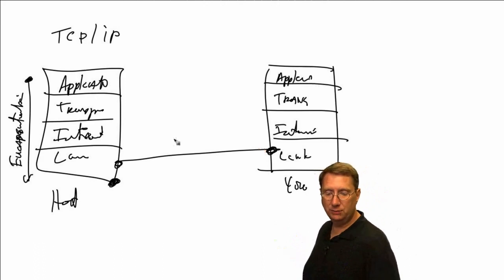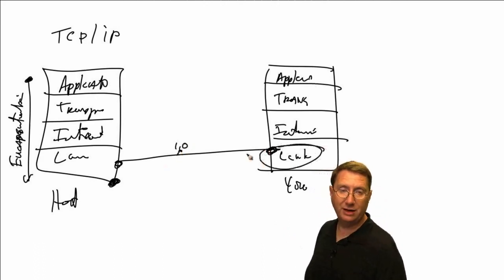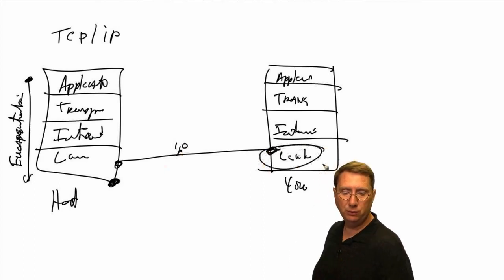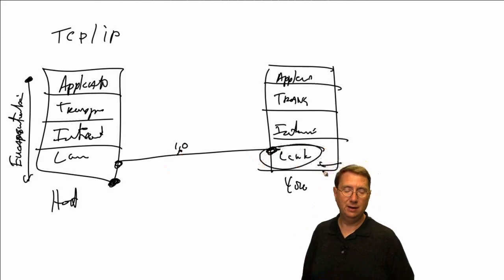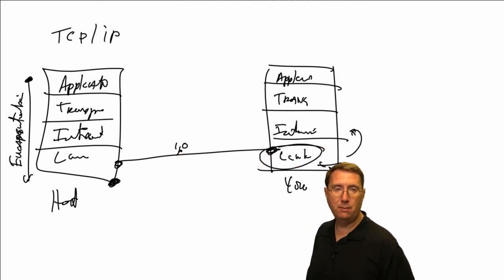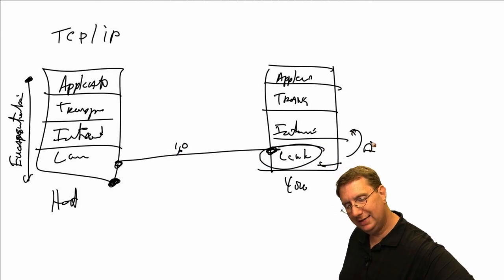Now, when the information comes through, it's going to come through in ones and zeros. Well, that information is going to arrive at your link layer, and it's going to be reassembled into the ones and zeros on that side, and it's going to be passed up the model. Now, what we're going to find here is this is a process referred to as de-encapsulation.